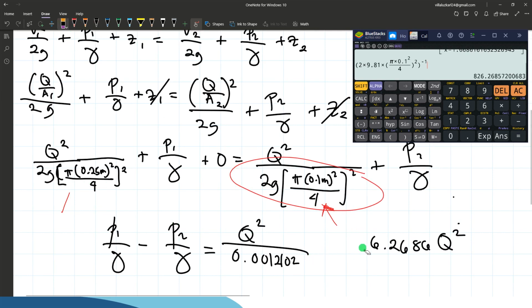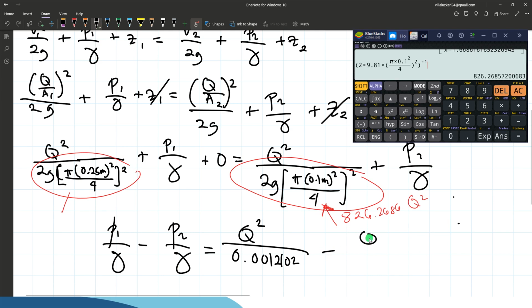On the other hand, this one we subtract by Q squared over this value right here, 2g times (pi times 0.25 squared over 4) raised to 2, then raised to -1 to make it a numerator.